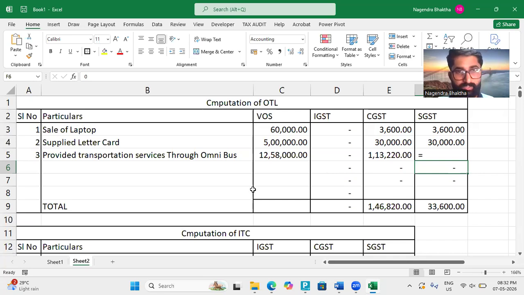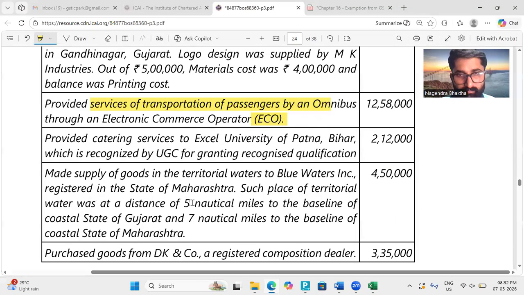Okay. Now the next, fourth point. Provided catering services to Excel University of Patna, Bihar, which is recognized by UGC for granting recognized qualification. Sir, services given to an educational institution by way of catering services is exempt.